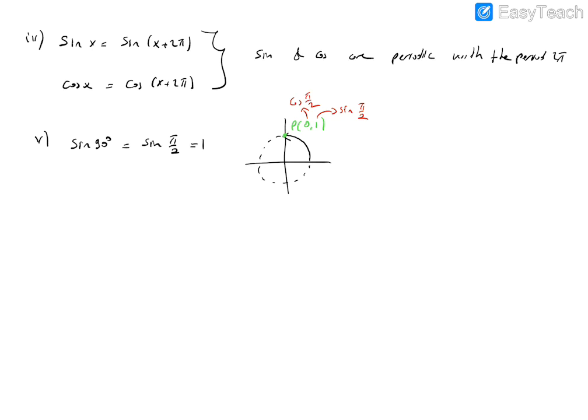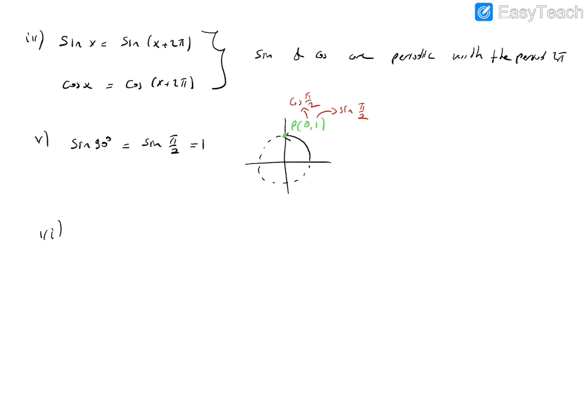And the next property is, if x is between 0 and pi over 2, then the definitions of sine x and cosine x agree with the trigonometric ratios given in section 1.7.